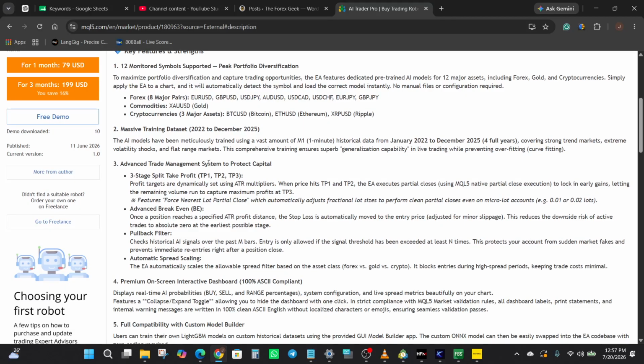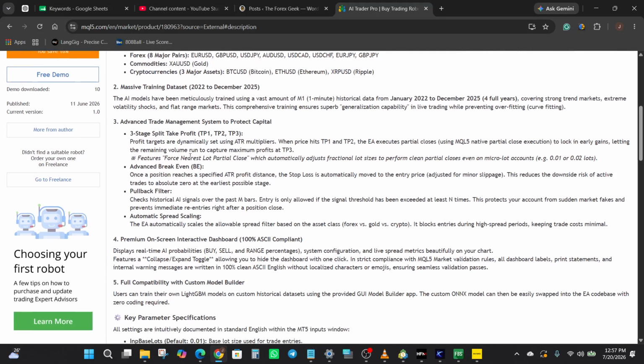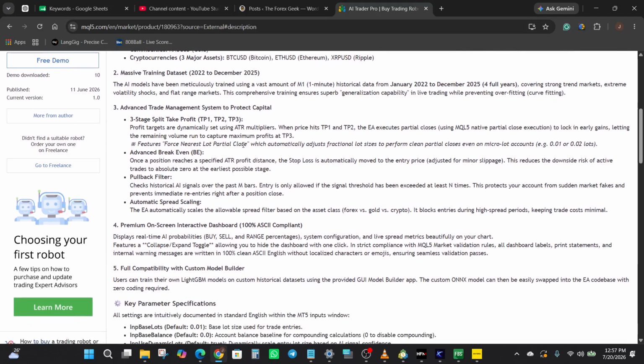Moving into trade management, there is a 3-stage split take profit system using ATR based targets, closing partial volume at each stage and letting the remainder run, with a feature specifically designed to handle clean partial closes even on micro lot accounts.